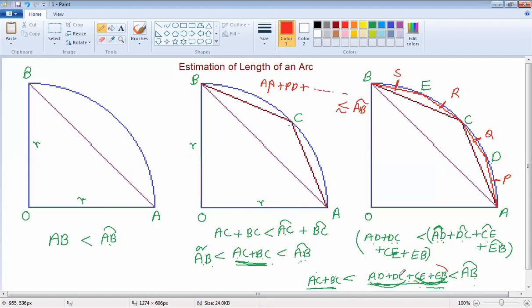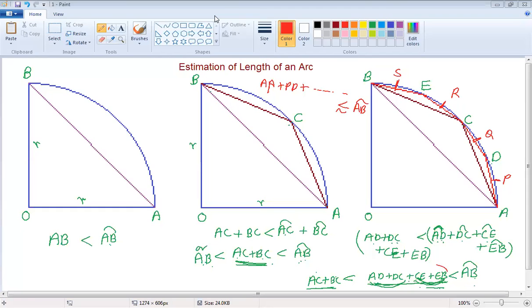Okay. So what I want to ask now, if you have got it clear, if we make 1,000 such parts of arc length AB and add the 1,000 straight distances, will that not be almost the same as the arc length?